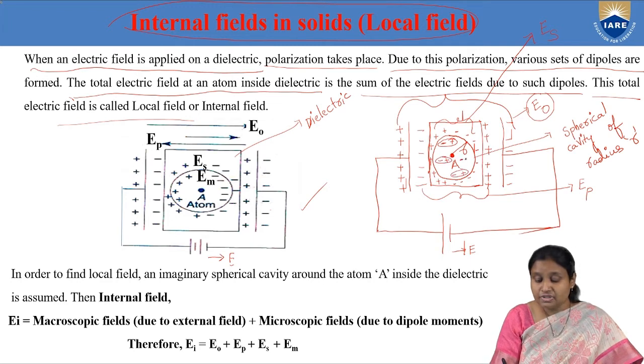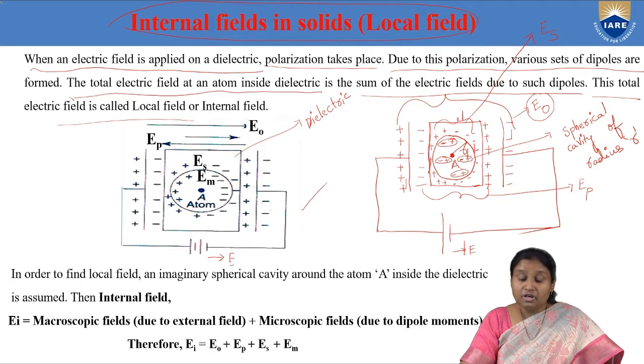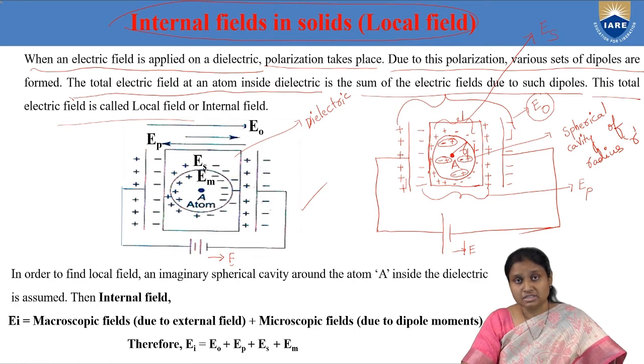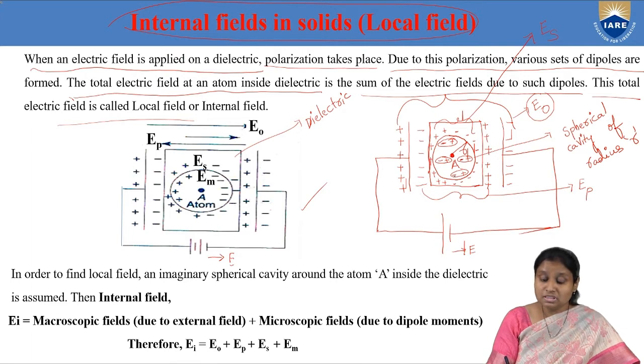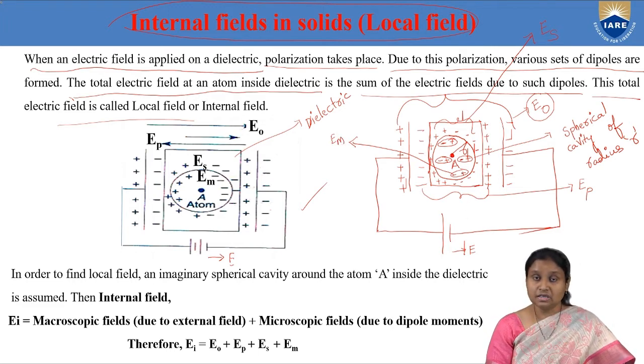So the sphere consists of electric dipoles, where each atom and molecule is in the state of polarization. Let us suppose that the electric field due to all such dipoles is EM. So what is EM? EM is the electric field due to the dipoles present inside the imagined sphere.